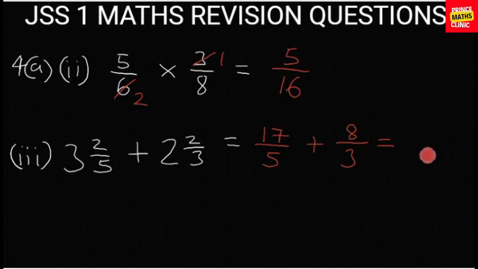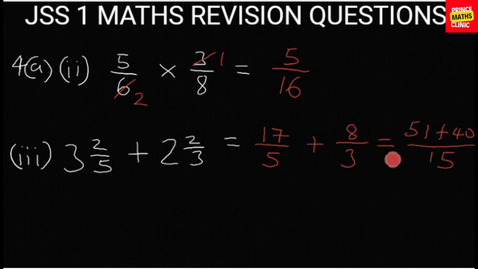So what do I do? I can use the butterfly method. What does the butterfly method say? It says take what you have here, multiply this one. So if I say 3 times 17, I will have it as 51. Then I'll take this 5, cross it with this 8. 5 times 8 is 40. So plus 40. Then multiply the denominators together. 5 times 3 is 15.